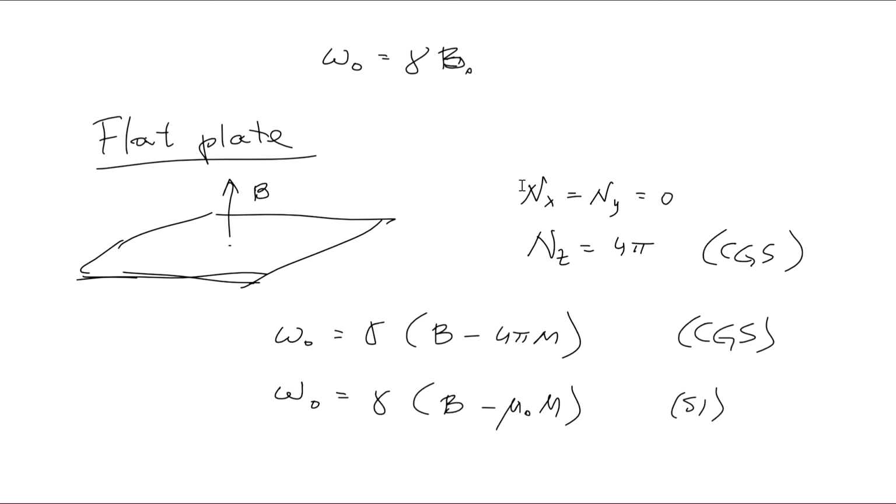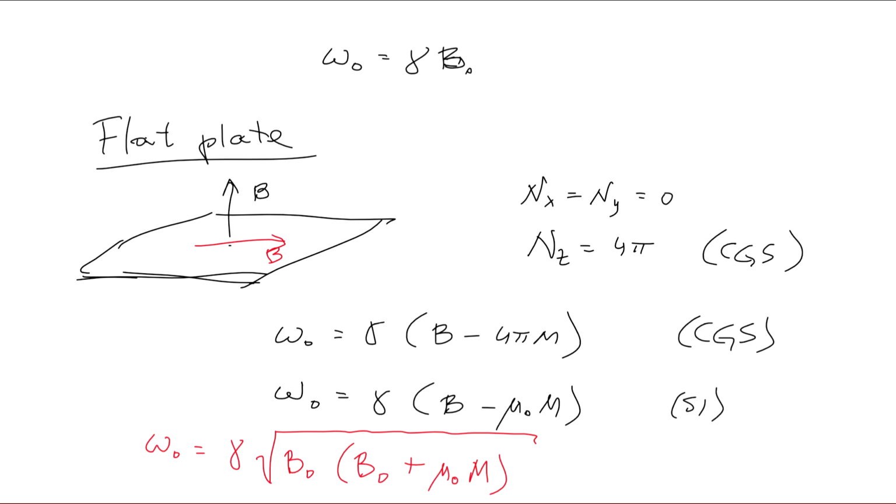But the interesting part is that if you rotate B and make it in plane, so let me rotate it with a different color. So for this in-plane B, your in-plane resonance would be different. That would be gamma (B naught plus, I'll use SI units, mu naught M here).